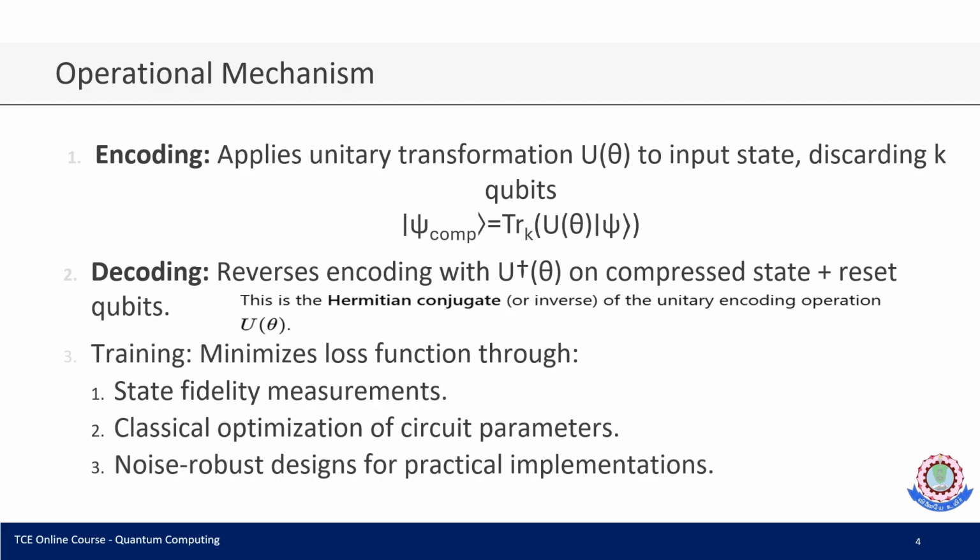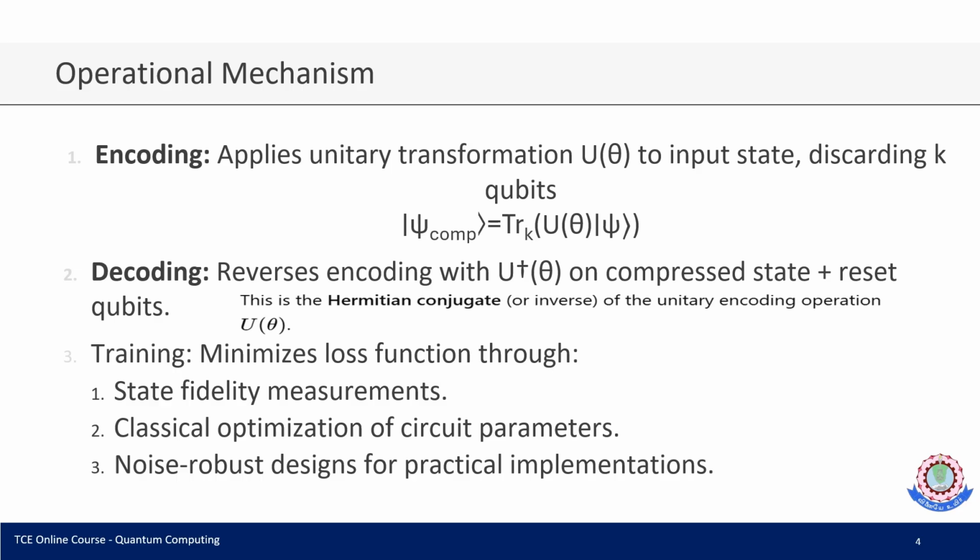Next, in the operational mechanism, we start with encoding. Here we apply the unitary transformation U of theta to the input state, considering all k qubits. So ket psi components equals trace over k of U of theta acting on ket psi.